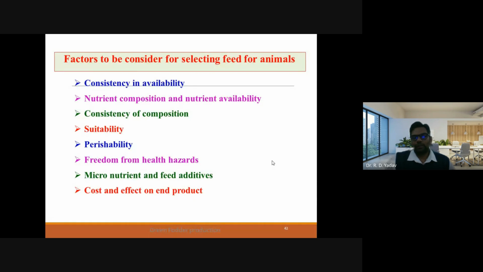Though it is not possible to have any feed ingredient completely free from anti-nutritional factor, it varies from low content to higher content in different feed ingredients. Then micronutrient and feed additive, cost, and effect on the end product. So these are the factors we have to consider during the selection of feed ingredient.